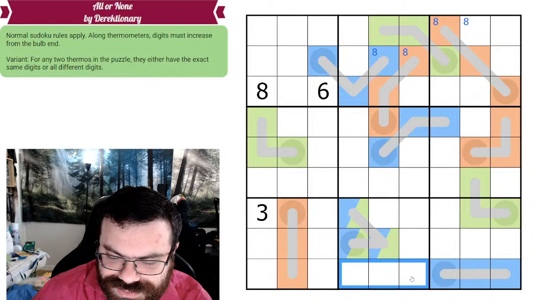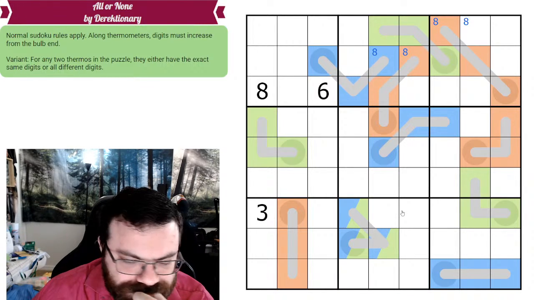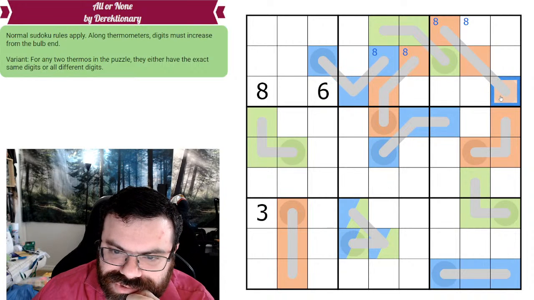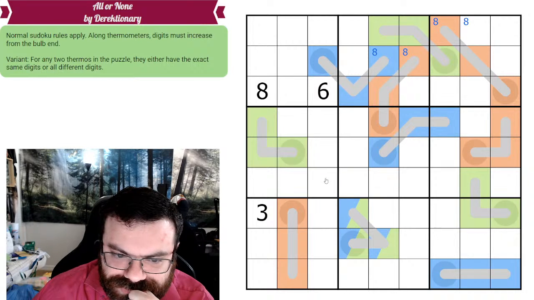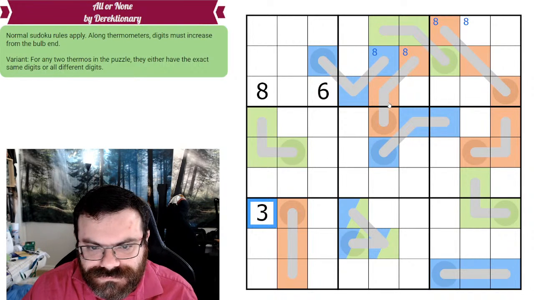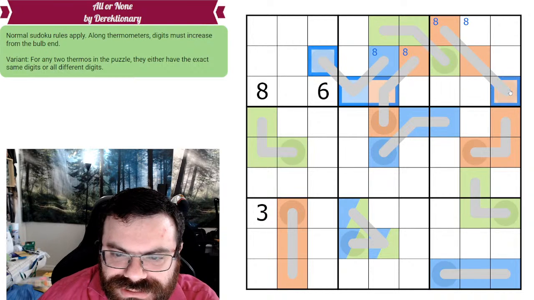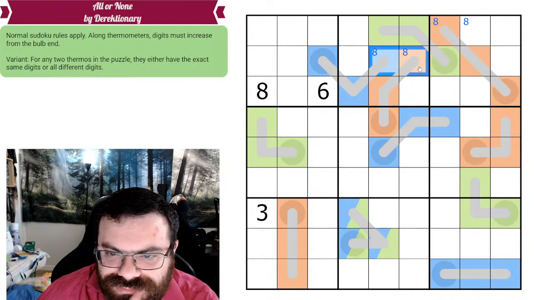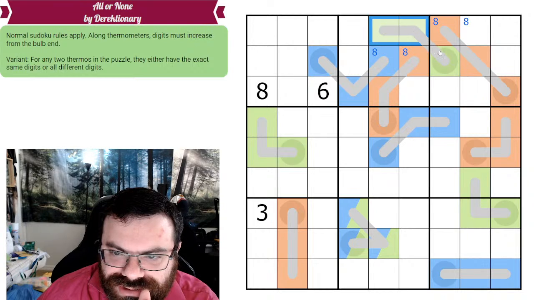So 8's not in any of these. Six does see orange's bulb, you're right. How about 3? Six is not in. Okay, so 6 is either one of blue or orange's tips, or it's on green.